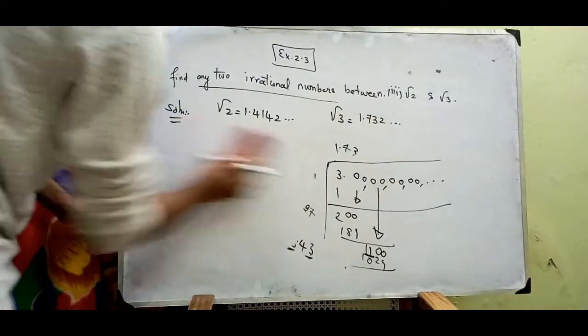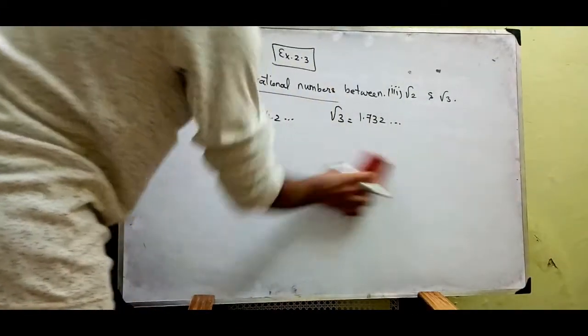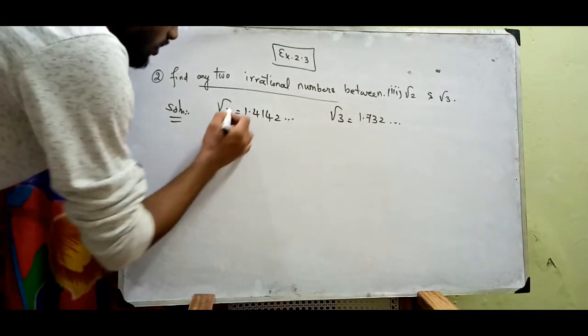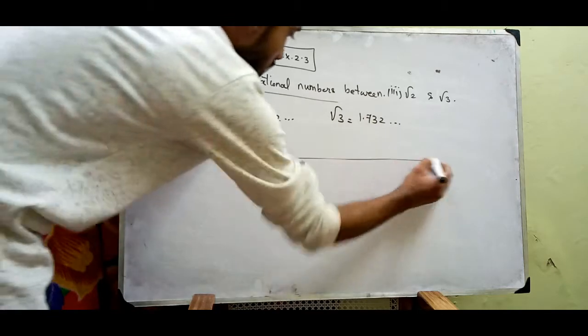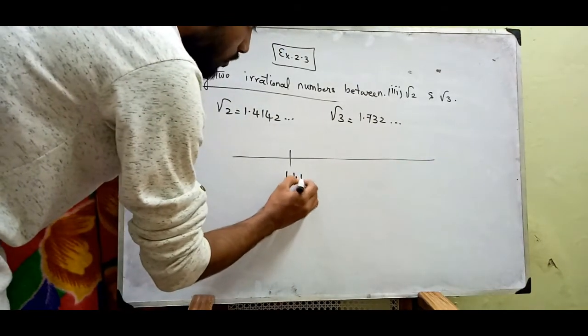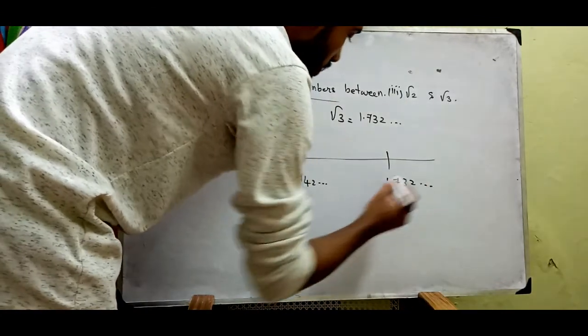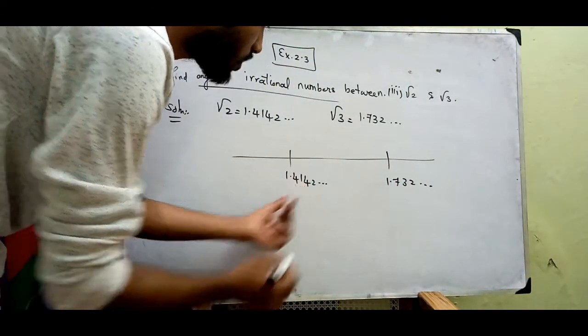Okay, let us move forward because we need to find any two irrational numbers between them. Okay, so let us find this. See, in the real line system 1.4142 and so on is here, and 1.732 is here. What if I take, this is 41, right?